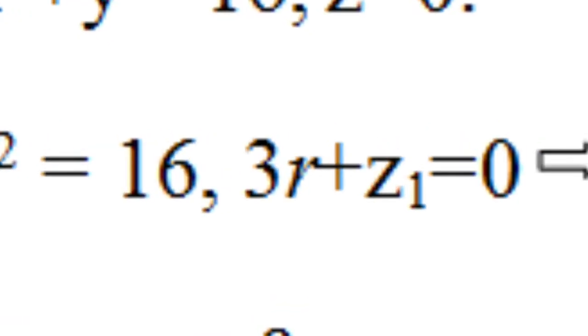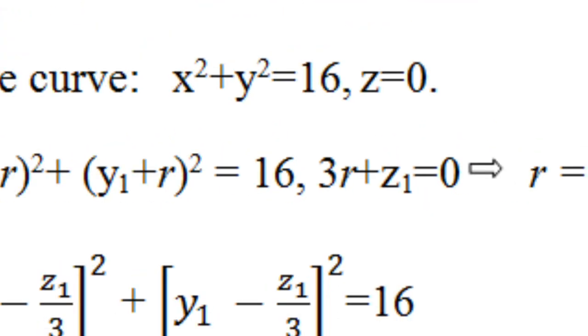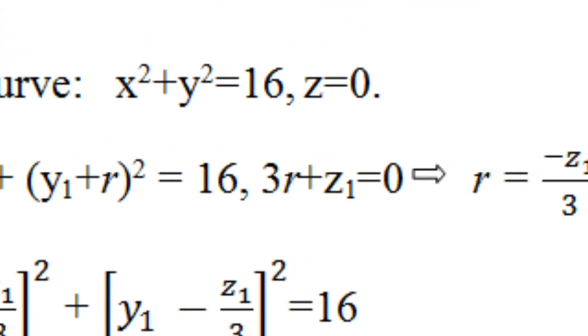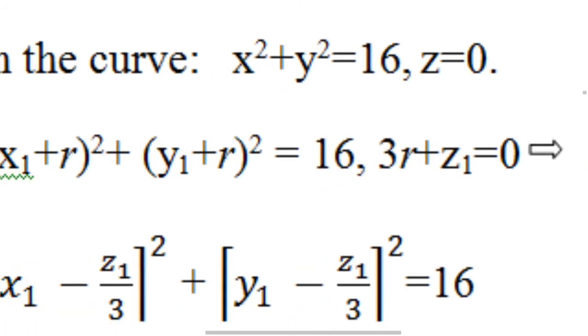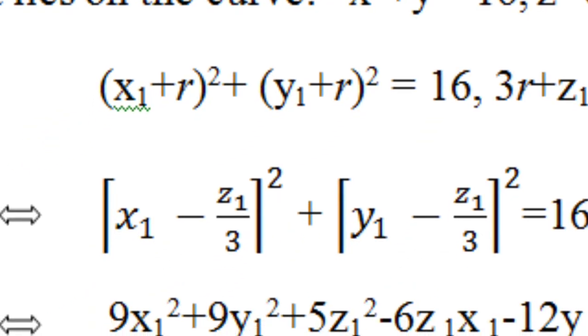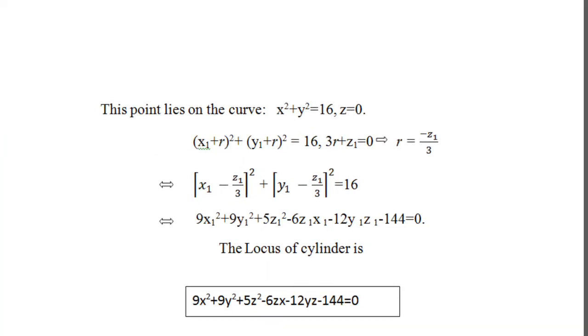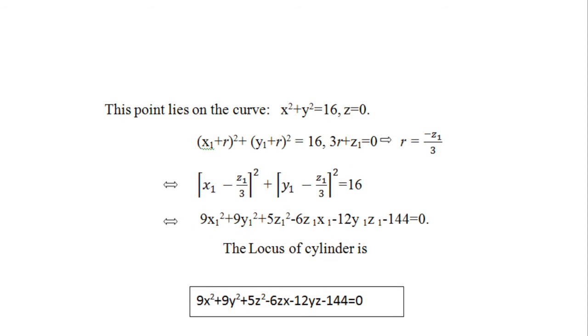Now, first, if you take 3r plus z1 is equal to 0, then 3r is equal to minus z1 and r is equal to minus z1 by 3. Now substitute this: instead of r, you have to write minus z1 by 3, and in y, you write (y1 minus 2z1 by 3) whole square is equal to 16.